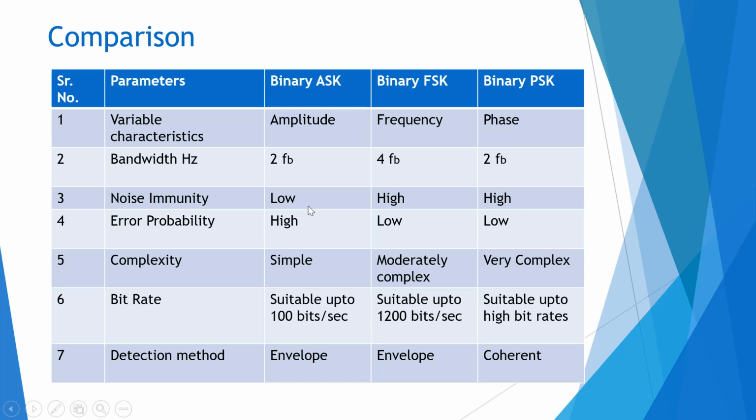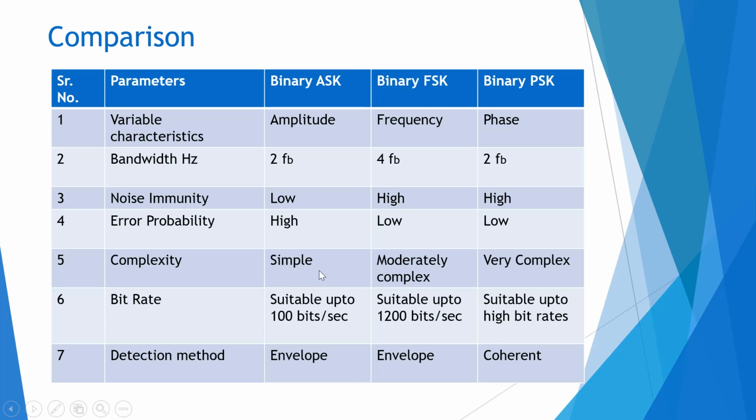Now coming to the error probability, we have seen the error probability formulas for each technique. We can easily find that the error probability, as it depends on the amplitude also, is very high in case of ASK, and in case of FSK and PSK it is comparatively low. Now coming to the complexity, it is the inverse.